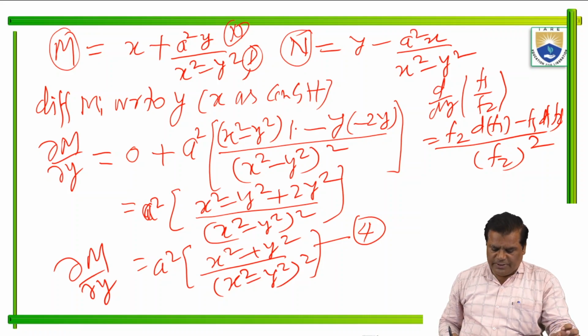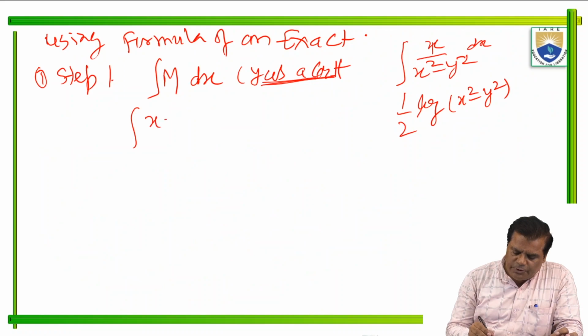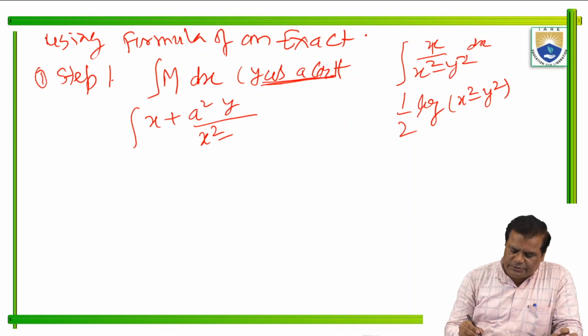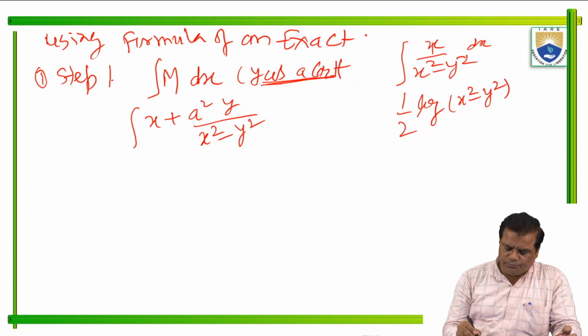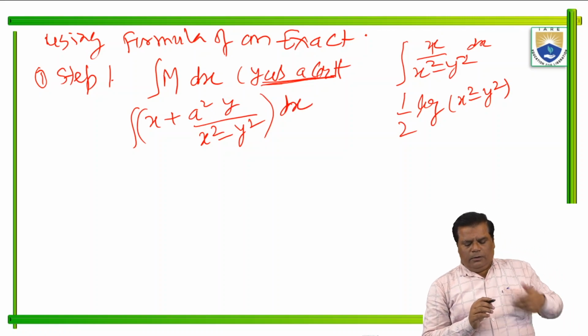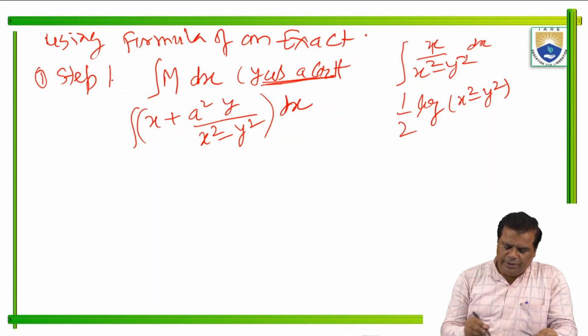So now the value of m is x plus a square y upon x square minus y square. The integration of m is x plus a square y upon x square minus y square dx. Integrating this, y is a constant here.